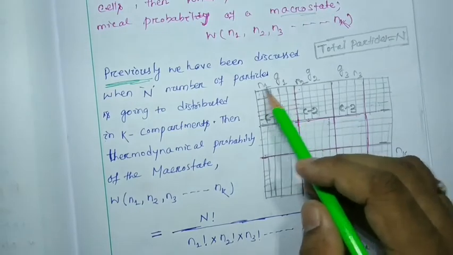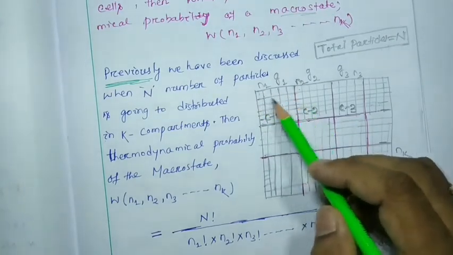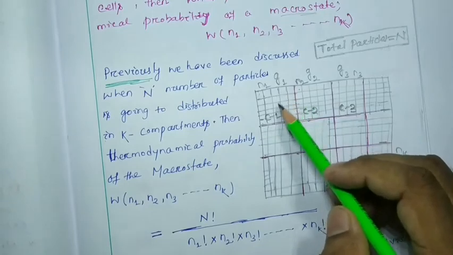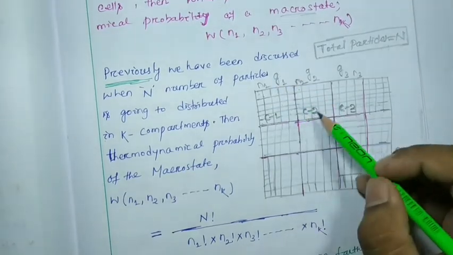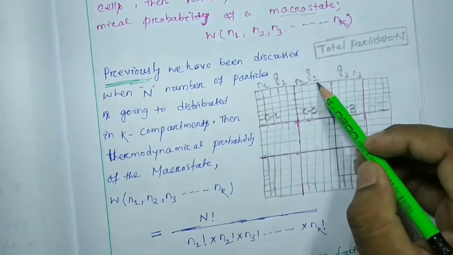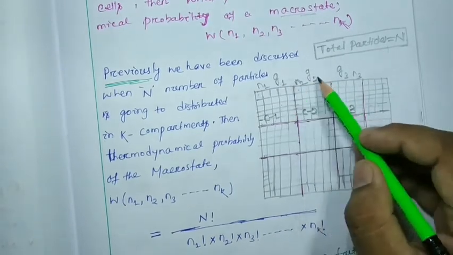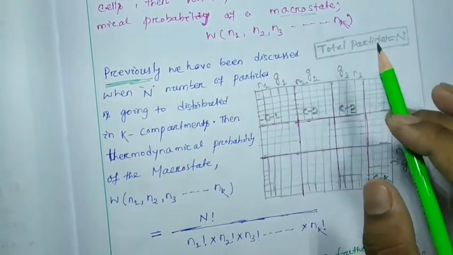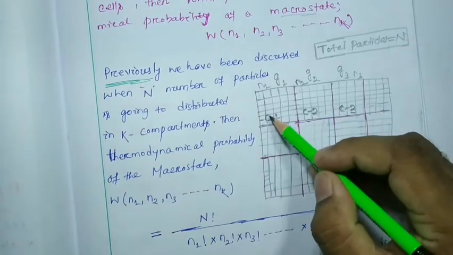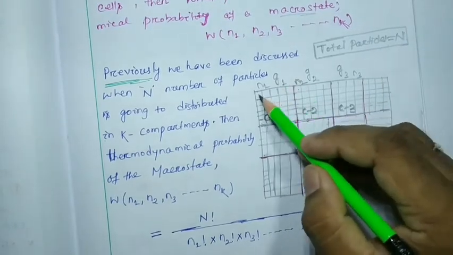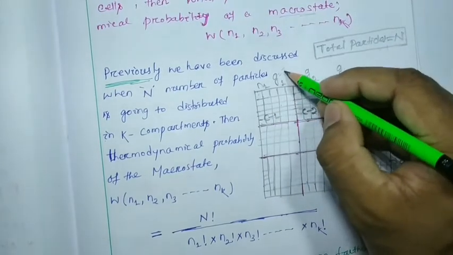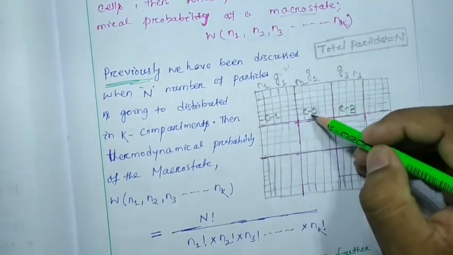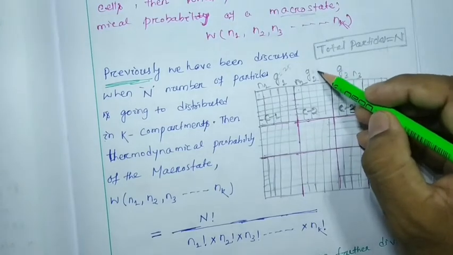Okay, so here also total particles are n. Let each compartment be divided into cells. Let C1 compartment be divided into G1 cells, C2 compartment into G2 cells. Here G1, G2, G3 are the numbers. You can say C1 compartment is divided into, suppose, 25 cells, and C2 compartment into 35 cells.